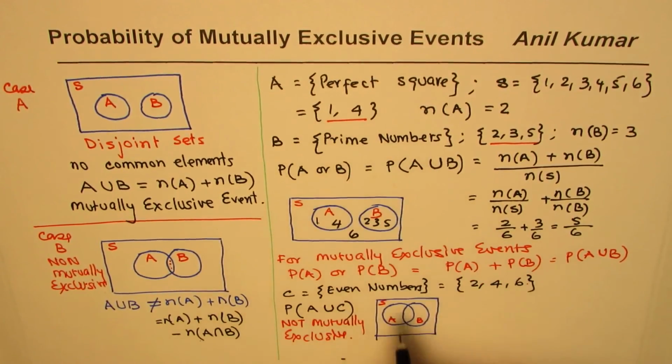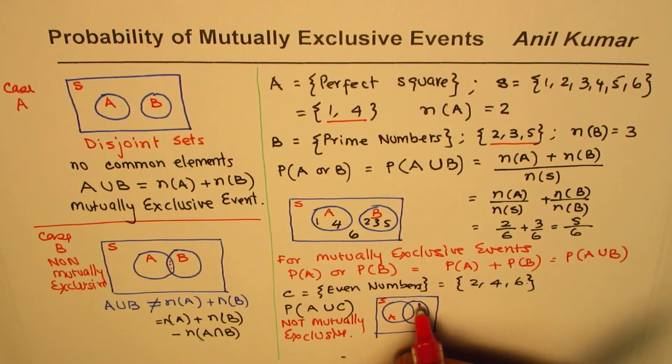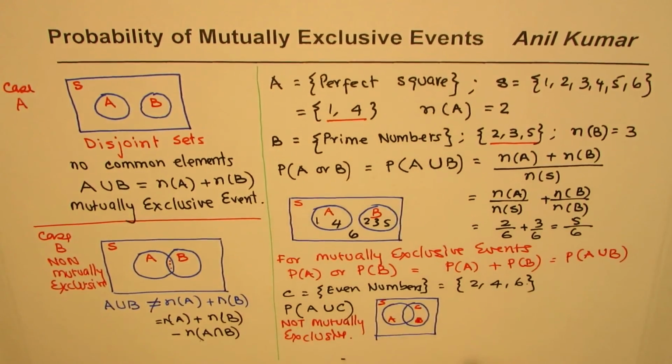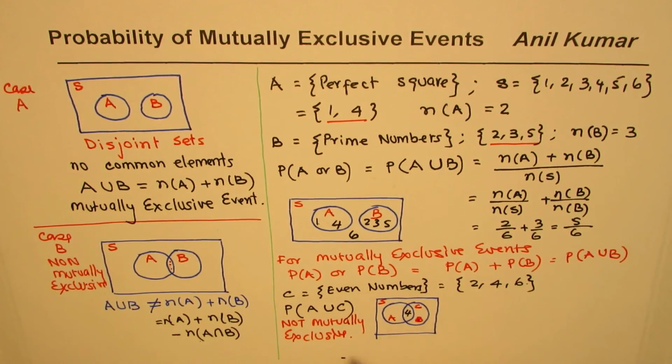In event A, we have 1 and 4. I should have written C, okay, let me correct this. We are talking about even numbers and perfect squares. So even numbers are 2, 4, and 6. 4 is common. Do you see that? And so we get 2 and 6 here and number 1 here.